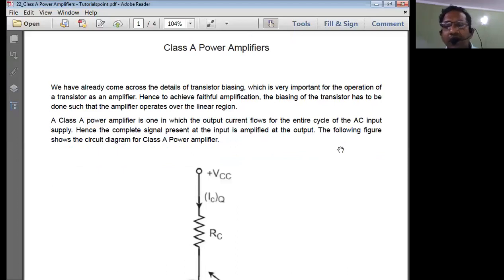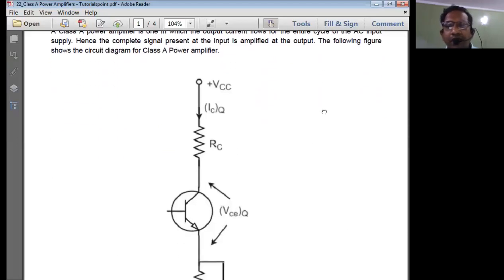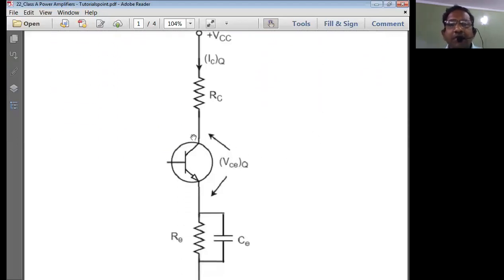Now we'll see how a class A power amplifier will look like. So the class A power amplifier is exactly same as the CE amplifier circuit. In this diagram, I've just drawn only the transistor to say that there is going to be only one difference in comparison with the CE voltage amplifier, or for that matter just a CE amplifier.